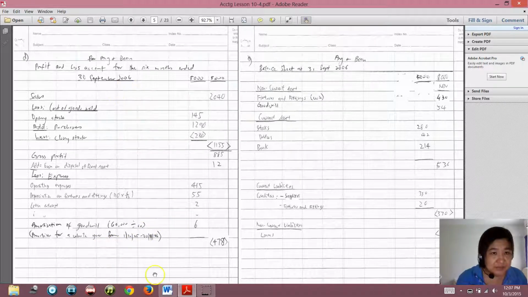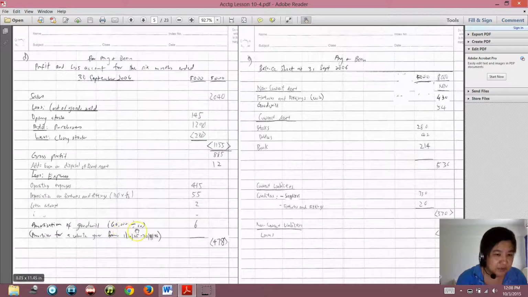So I am assuming that, because we are at 31st March 2006, they did not amortize their goodwill in their profit and loss account. So for this first account, 30 September 2006, I should amortize for the whole year.